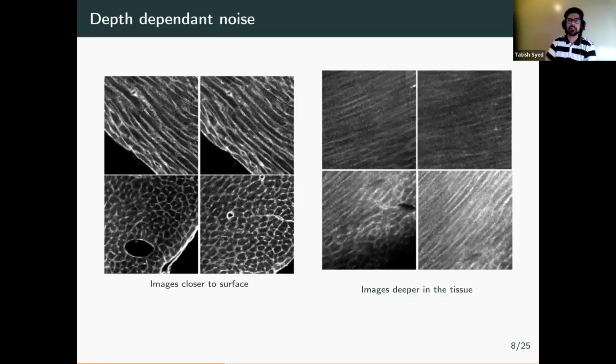It's the same structure with a variable level of noise inside the image. So how do we fix this? On the left, you see images towards the top, which are relatively clean, and on the right are images which are noisy and deep inside the tissue, and it's difficult to estimate the cellular structure there.